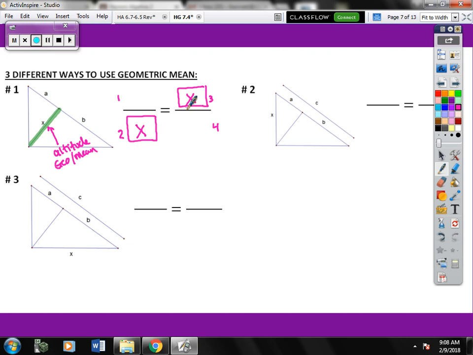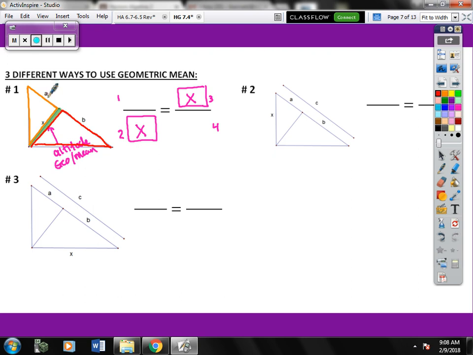Now what goes in the other 2 slots are the other segments that would be in triangles that contain this side. So the only 2 triangles that contain this side would be this one. And let me go ahead and highlight this in a different color. And the other triangle that would have the green side as a side of the triangle would be this one.